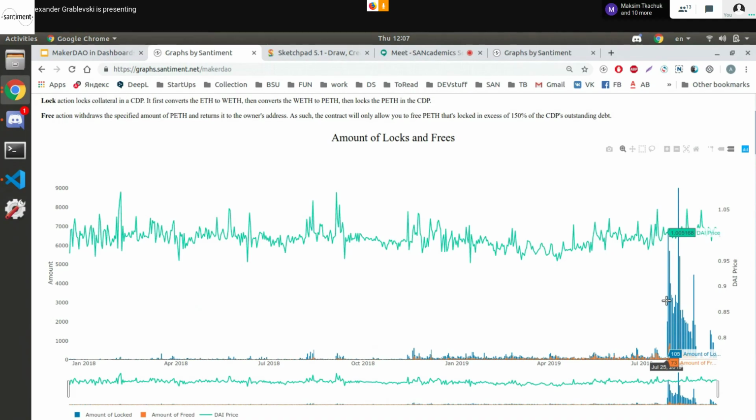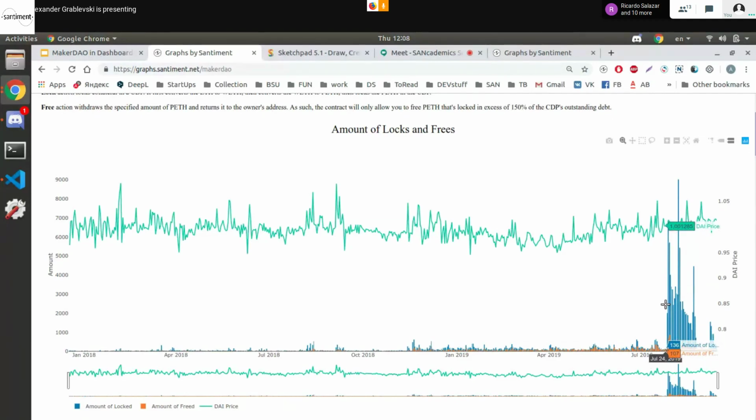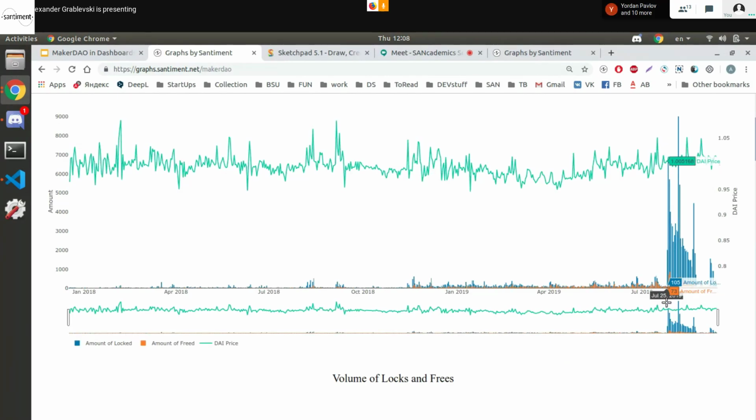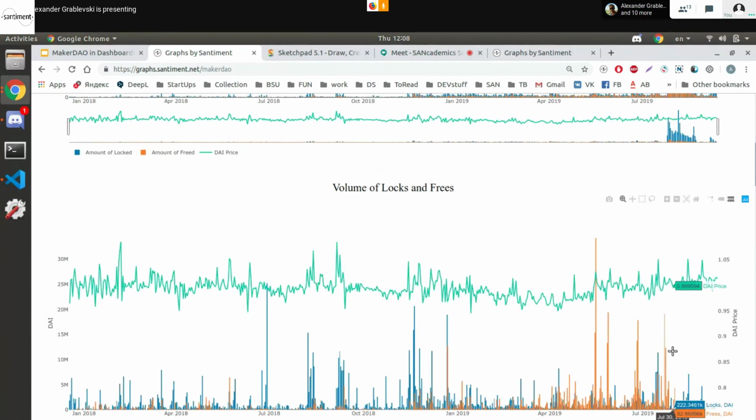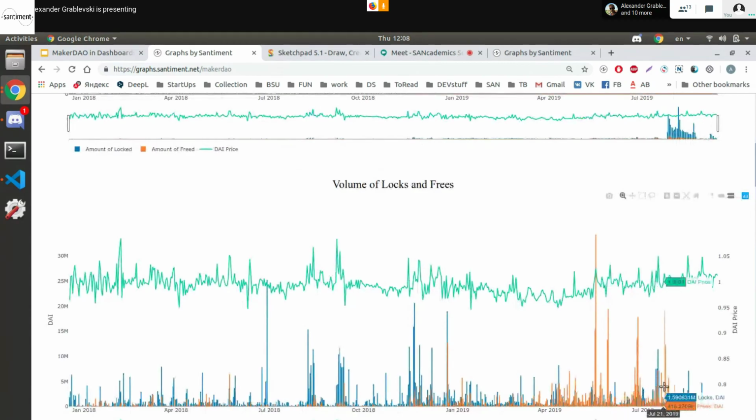The scheme was if you open some CDP, you can get some free money from Coinbase. So they wanted to teach the users how to interact with the DAI platform. And that caused a lot of events like locks and frees. A lot of people started to lock their funds, but the volume didn't change because that was such an insignificant amount of funds that the whole volume didn't change.